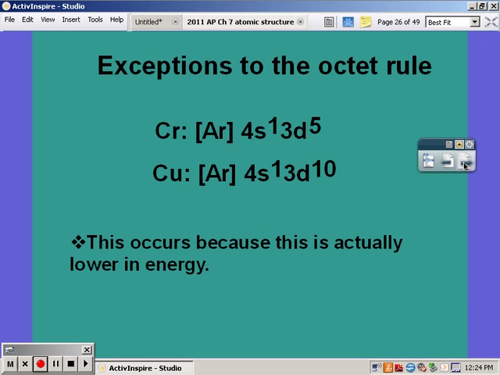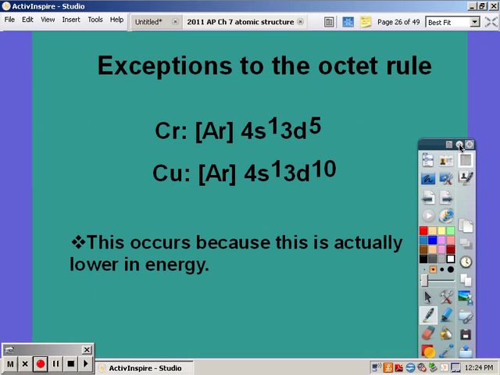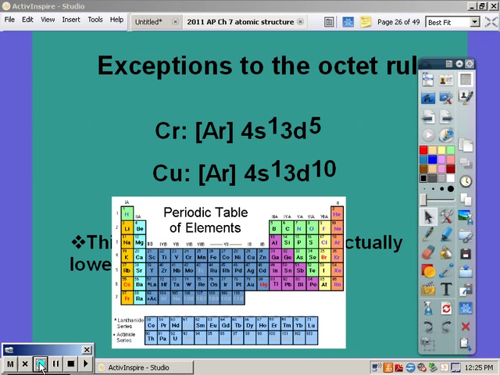Some exceptions to the octet rule are chromium and copper. Chromium should have the configuration, if you look at it, 4s2, 3d4.